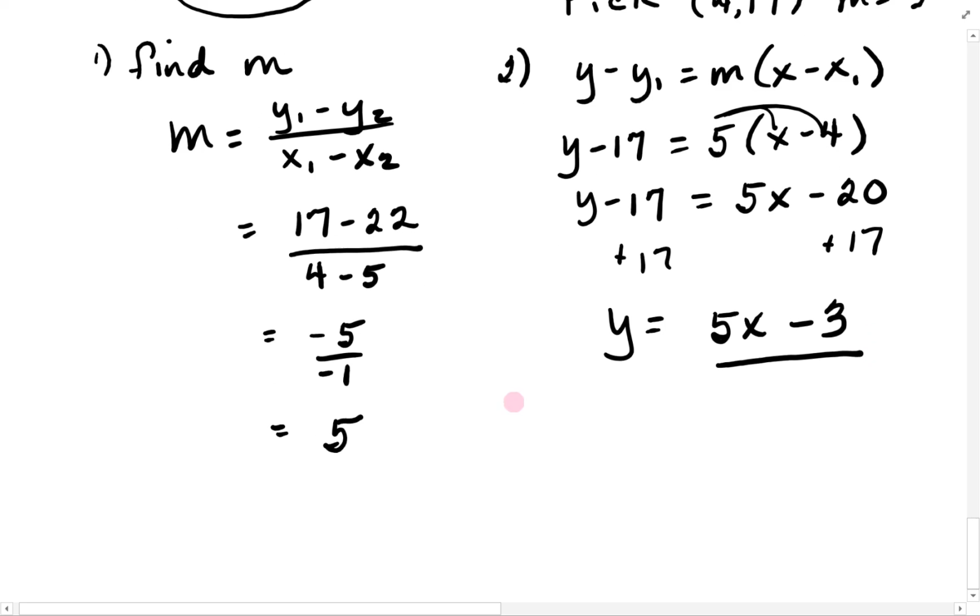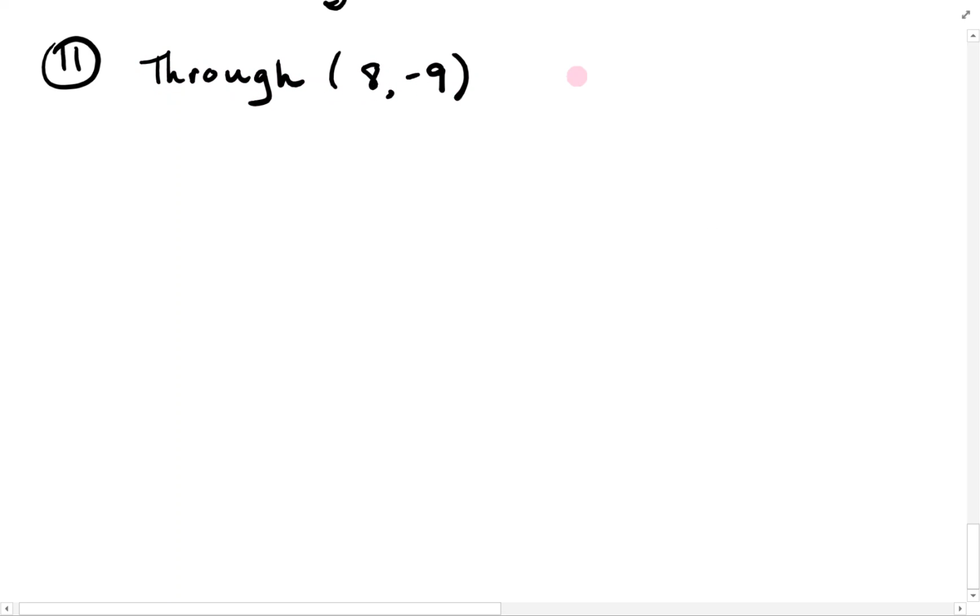Let's look at number 11. Remember, you can pause this video anytime you want if you feel like my pace is too fast. Number 11, find the equation of the line, and my line goes through, here comes a point, (8, negative 9), and it is perpendicular to, and that's the symbol for perpendicular, 6y equals x minus 12.